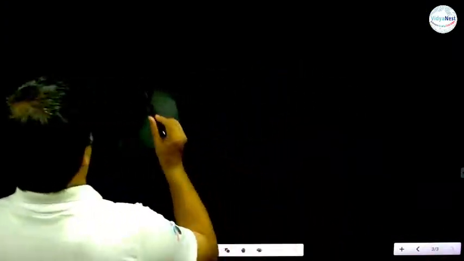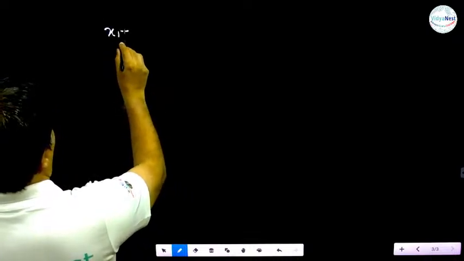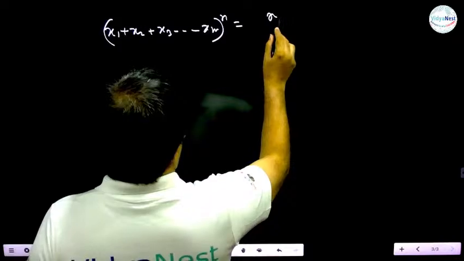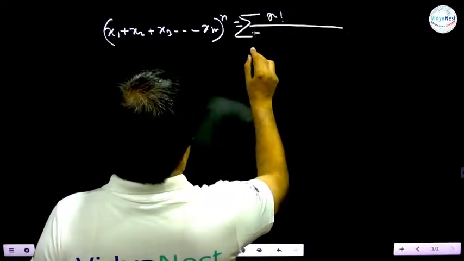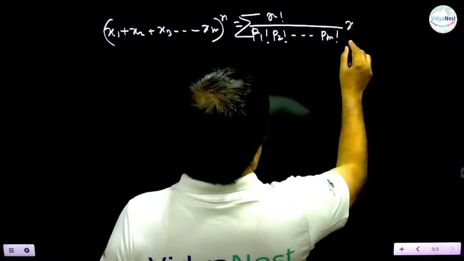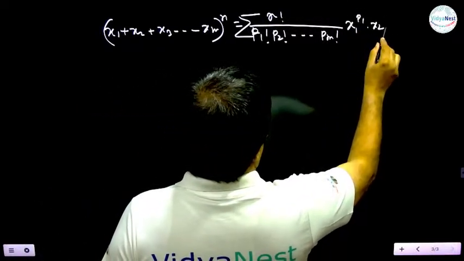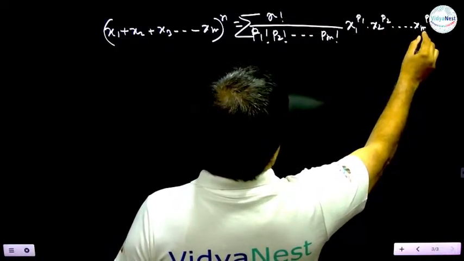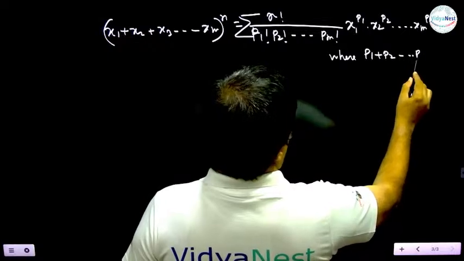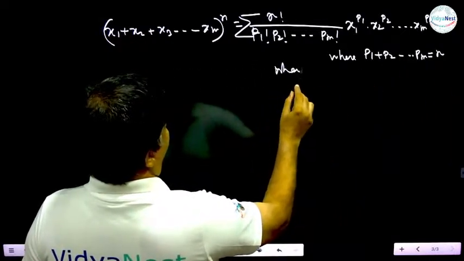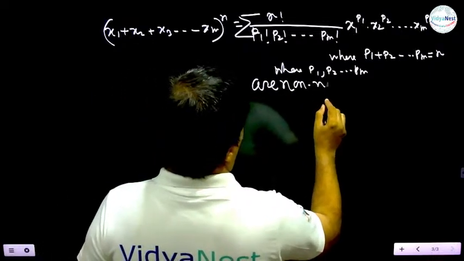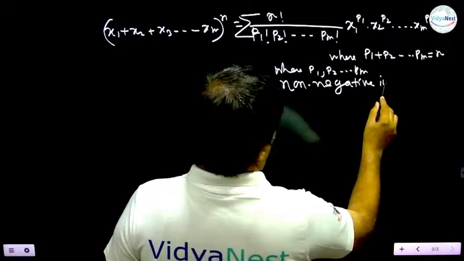So in the multinomial theorem, x1, x2, x3 up to xm whole to the power n, whatever we have got, that is the summation of n factorial by p1 factorial, p2 factorial up to pm factorial, where x1 repeats p1 times, x2 p2 times up to xm pm times, where p1 plus p2 up to pm is n, where p1, p2 up to pm are non-negative integral solutions.